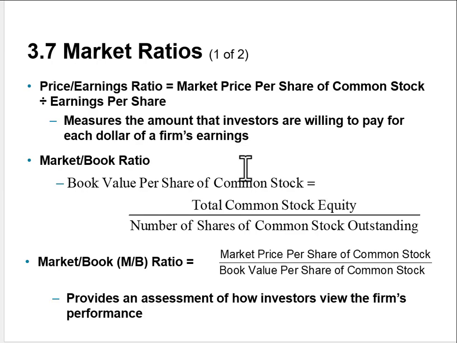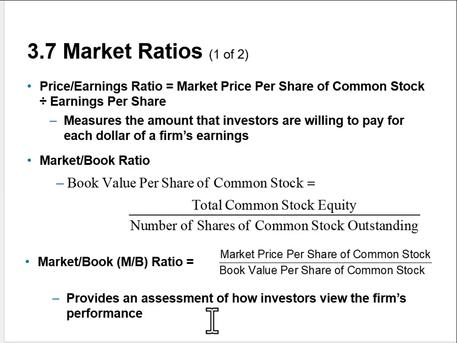In addition, we have something called the market to book value ratio. So the first thing we need to know is what is the book value per share? It's just the amount of common stock equity divided by the number of shares. The market to book value ratio then is just the market price divided by the book value per share.